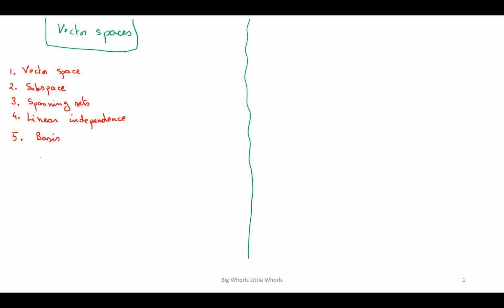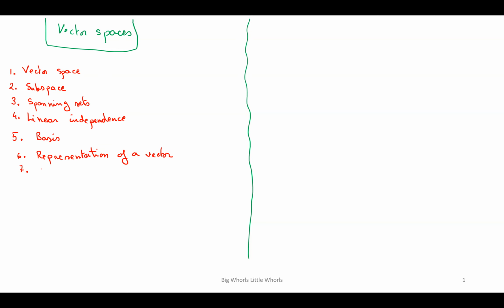And we have seen how to represent a vector with respect to a basis.